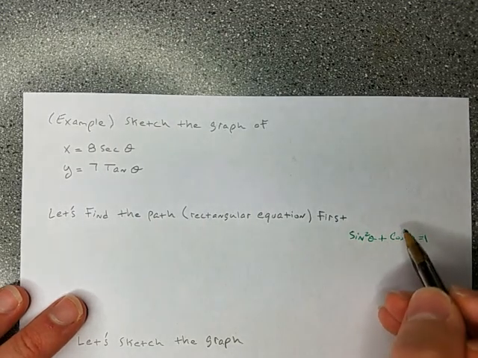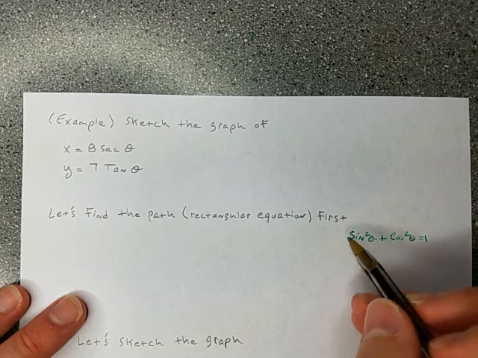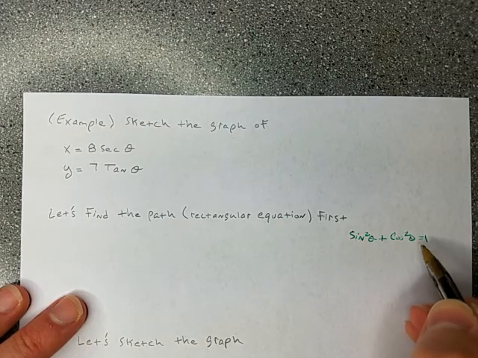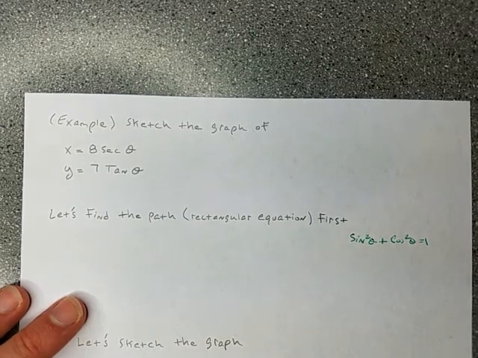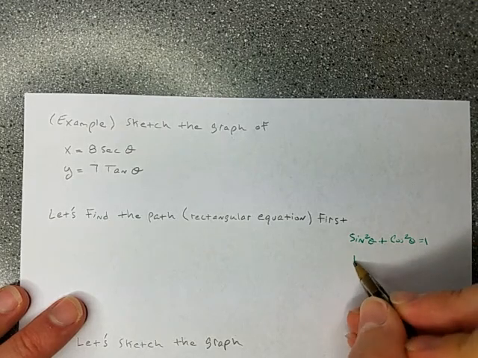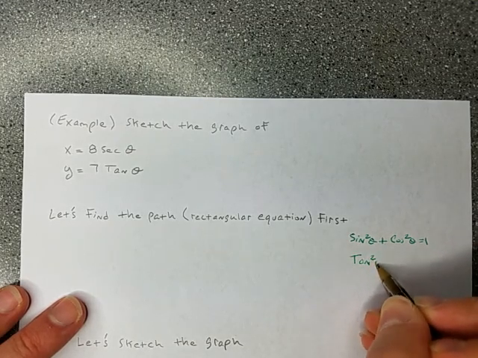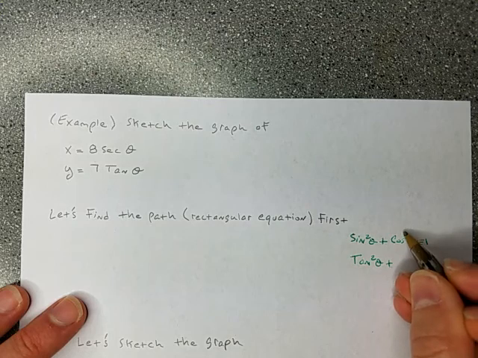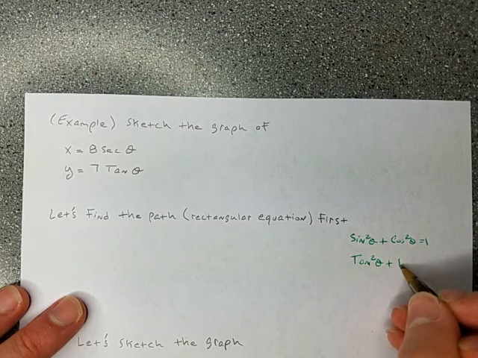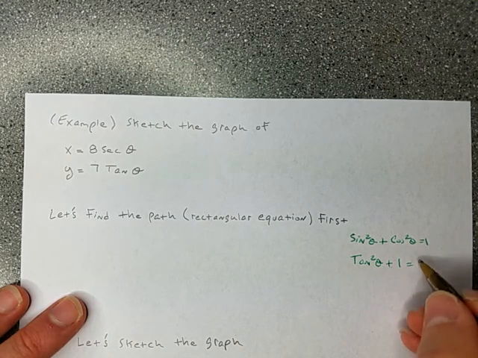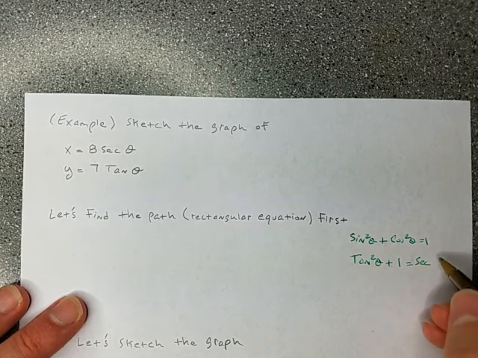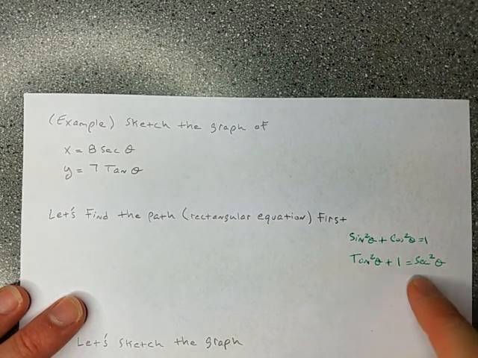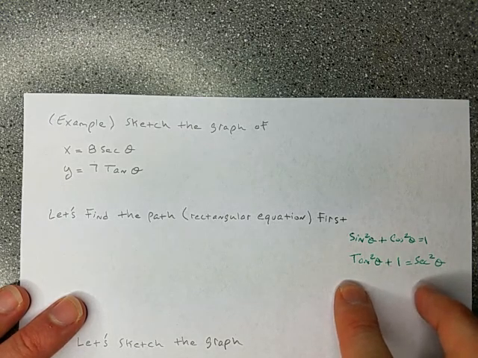But okay, so what if I took this one and I divided every term on both sides by cosine squared? Okay. What's sine squared over cosine squared? That's tangent squared. What's cosine squared divided by cosine squared? That's 1. What's 1 divided by cosine squared? That's secant squared. Okay, so there's an identity that relates tangent and secant.